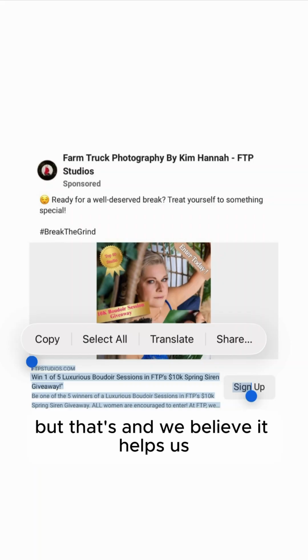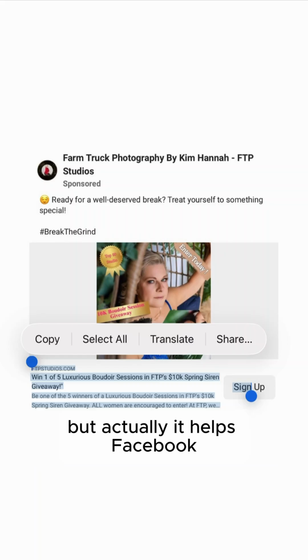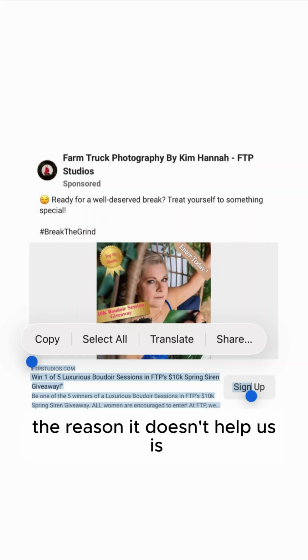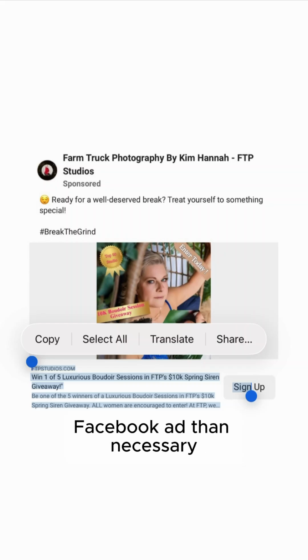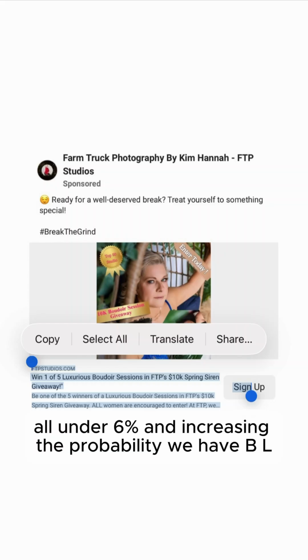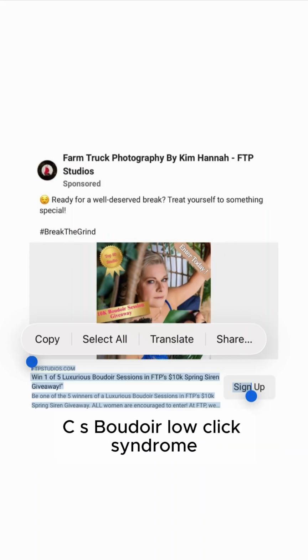We believe it helps us, but actually it helps Facebook. The reason it doesn't help us is it causes way more women to scroll by our Boudoir Facebook ad than necessary, pulling unique CTR under 6% and increasing the probability we have BLCS, Boudoir low click syndrome.